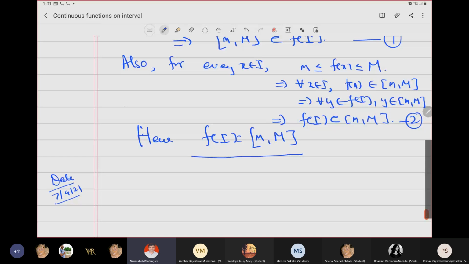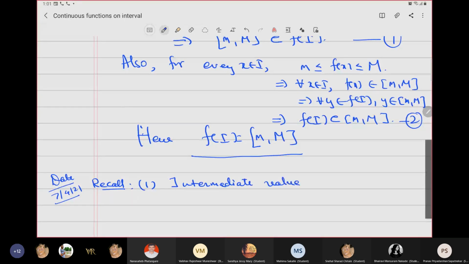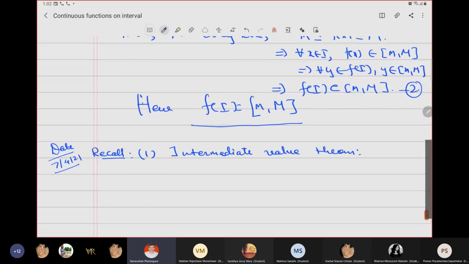Okay, so what we discussed so far? We discussed the intermediate value theorem. So what is the intermediate value theorem?